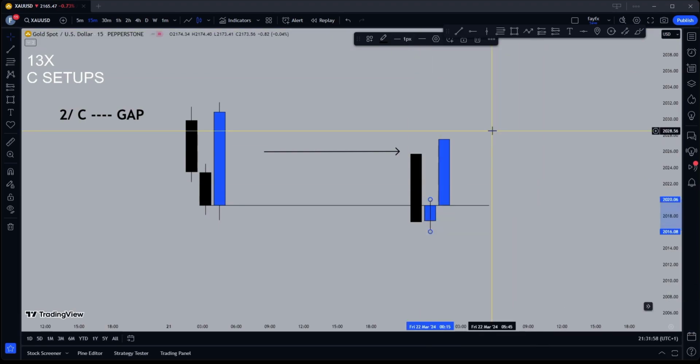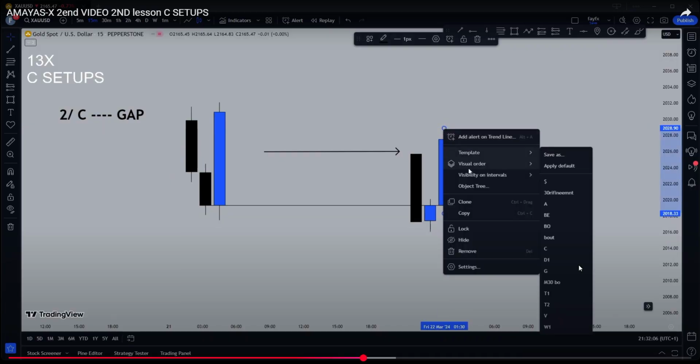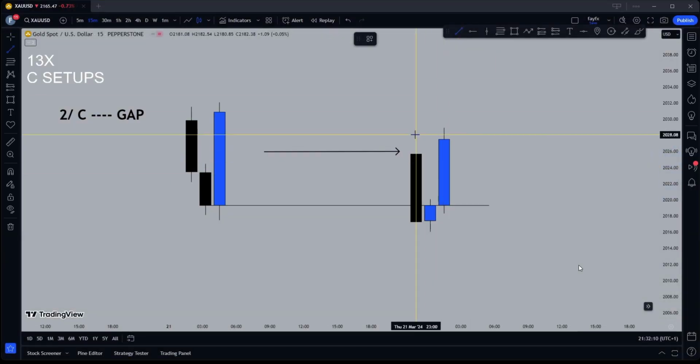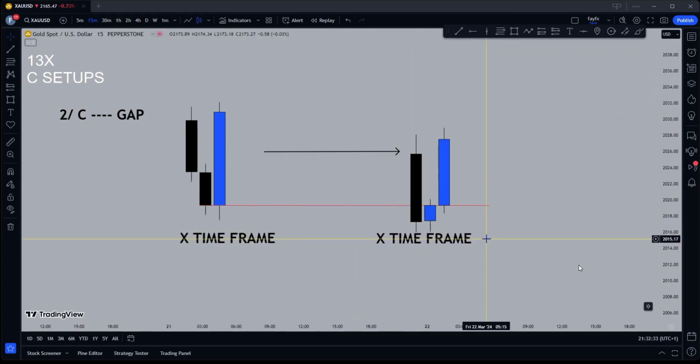Like we said, my time frame is X time frame divided by... 4 hours to 2 hours, 2 hours to 1 hour, 1 hour to 30, 30 to 15.